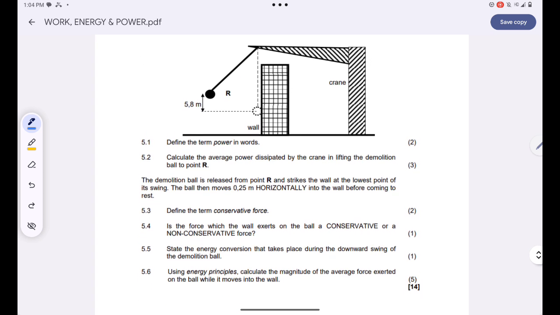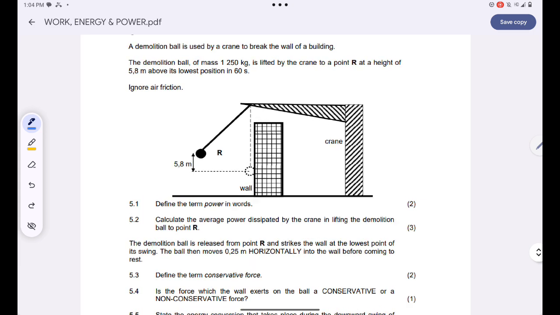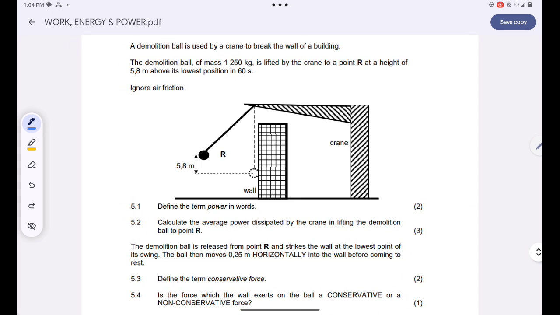Then 5.2, they want us to calculate the average power dissipated by the crane in lifting the demolition ball to point R. The first thing we need to do is find the change in potential energy, because power is the rate at which energy is transferred.